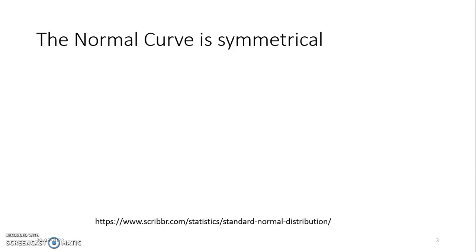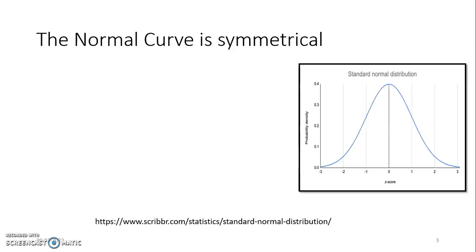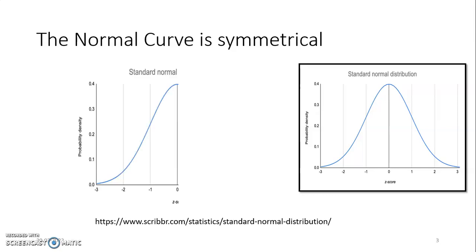The normal curve is symmetrical. Look at this normal curve. The normal curve is symmetrical about the ordinate, where the ordinate is 0. Suppose you are cutting this normal curve into two equal halves.